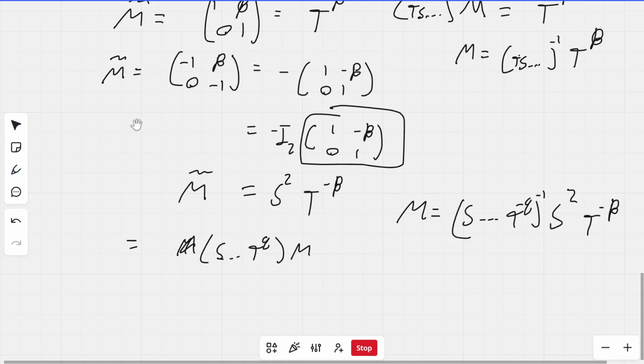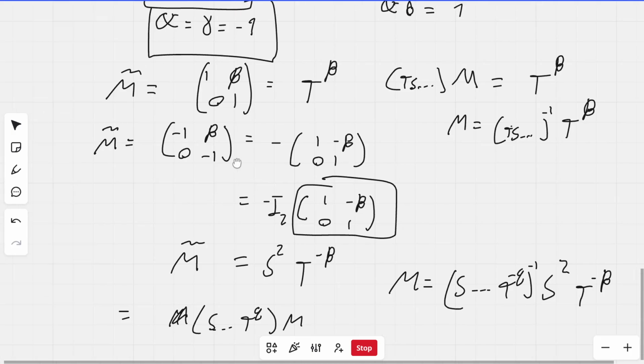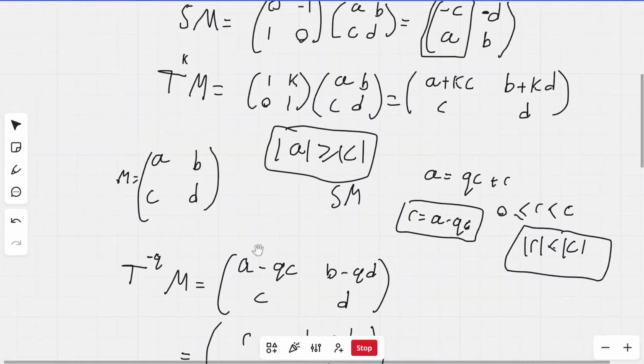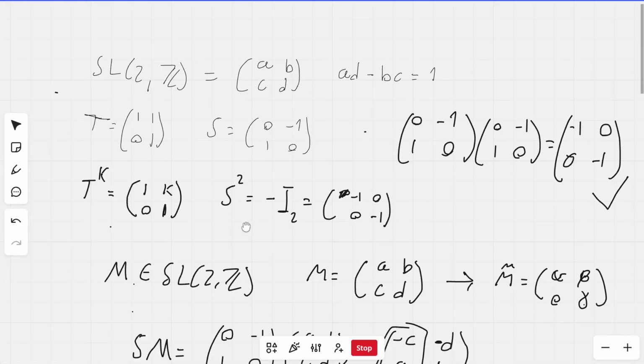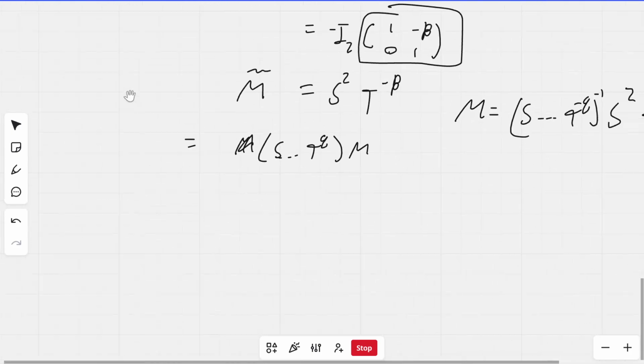And so in each case, we have expressed M as powers of the matrices S and T. And so that is job done. That is the proof complete.